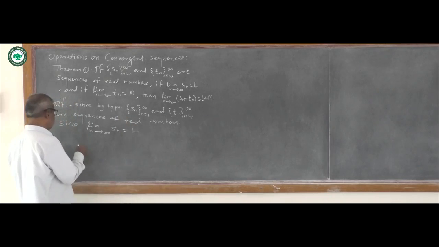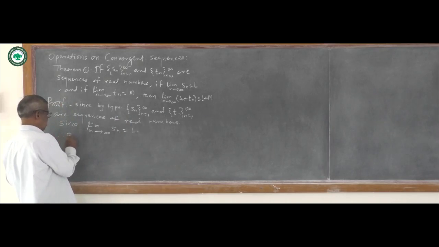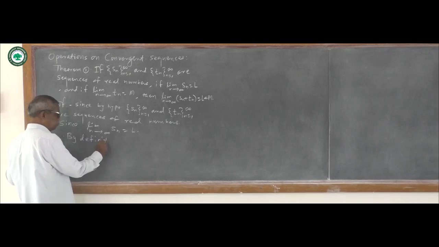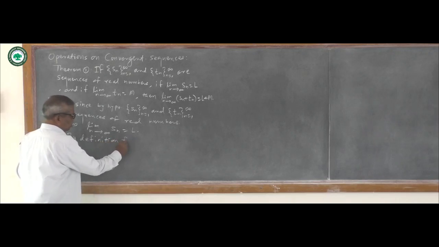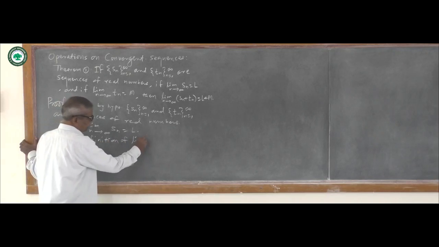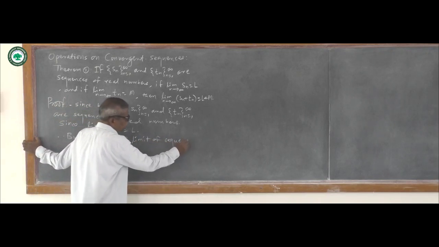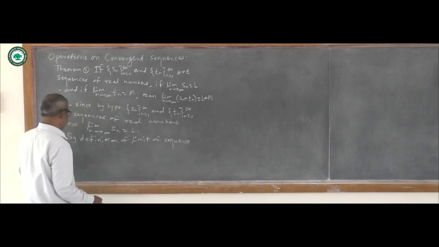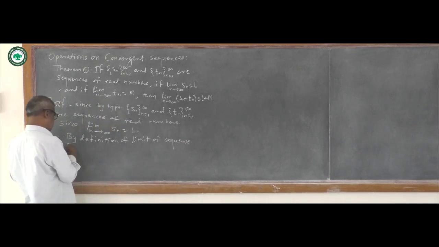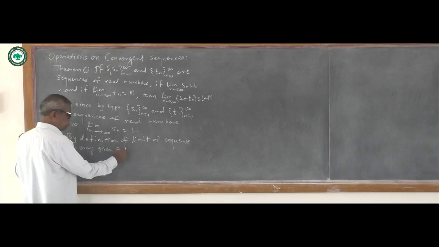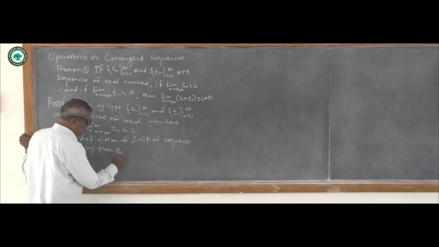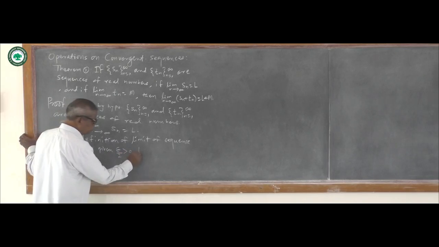Therefore, by definition of limit of sequence, for every given epsilon positive, epsilon upon 2 is also positive, greater than 0.